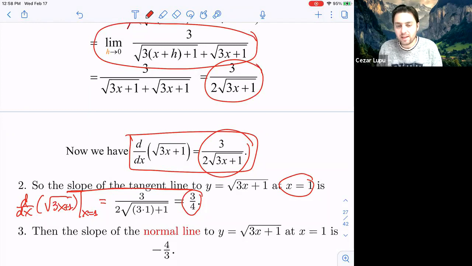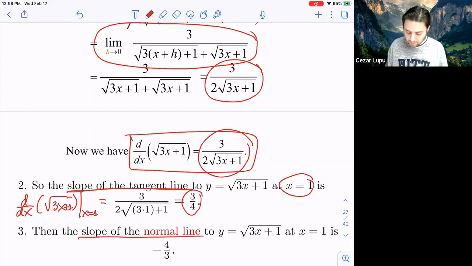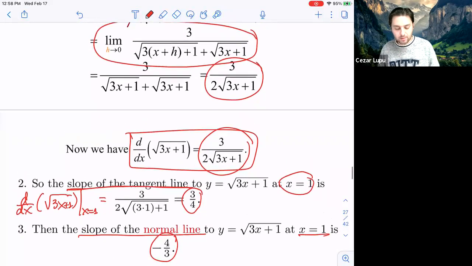That their product is -1, right? They're perpendicular, so the product of their slopes is -1. So the slope of the normal line at x equals 1 is -4/3, because the product is -1.